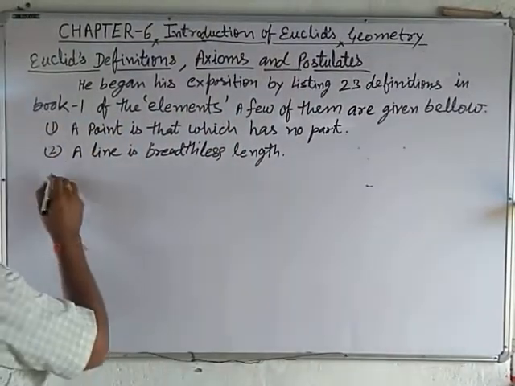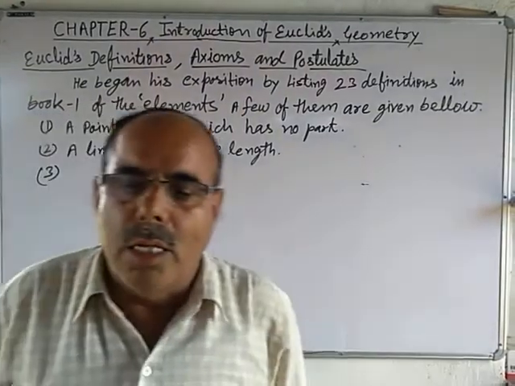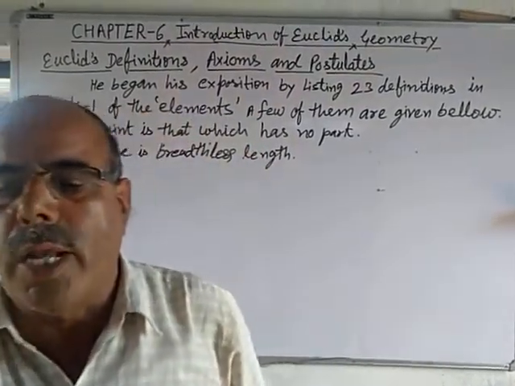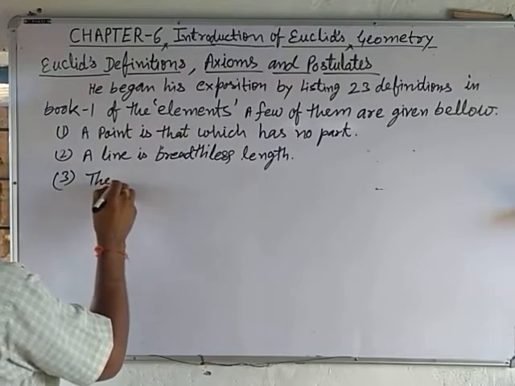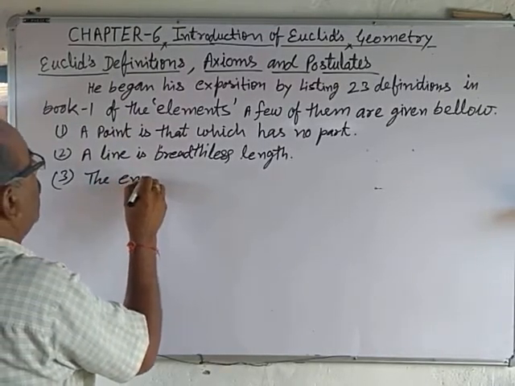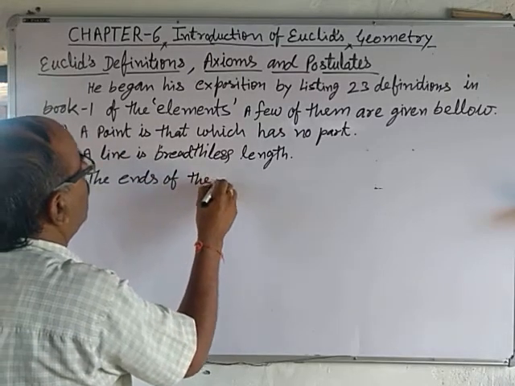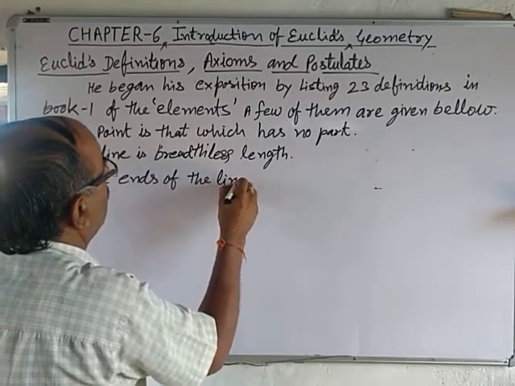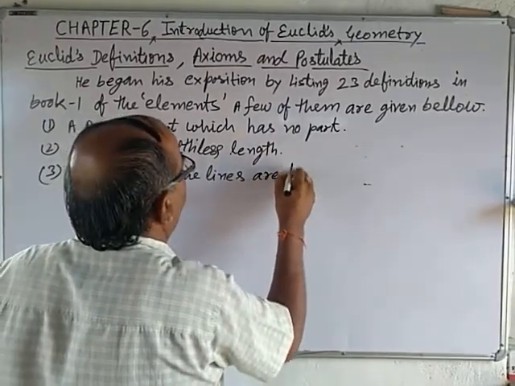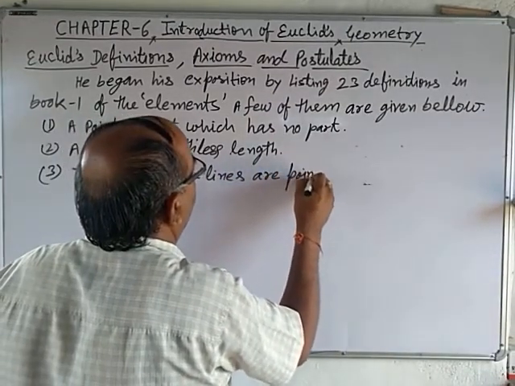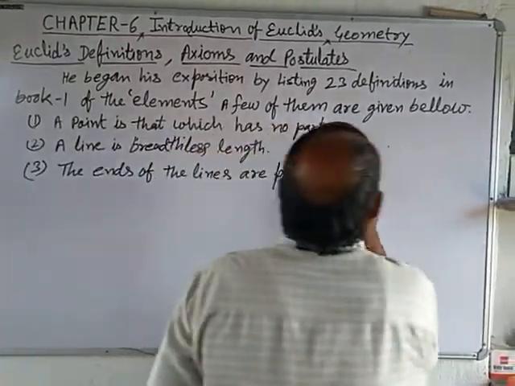The third is the ends of a line are points. For example, this is the line.